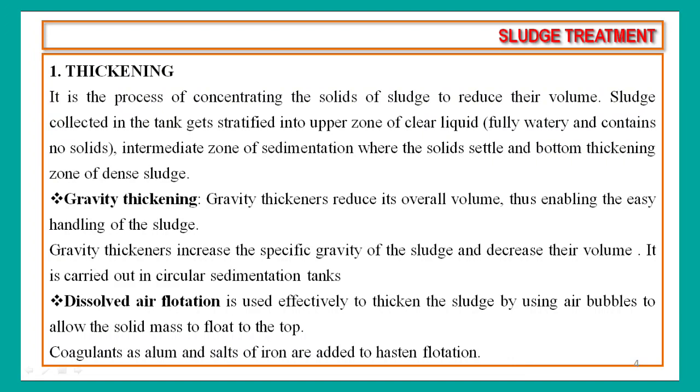Another method used for thickening is dissolved air flotation, which is used effectively to thicken the sludge by using air bubbles to allow the solid mass to float to the top.